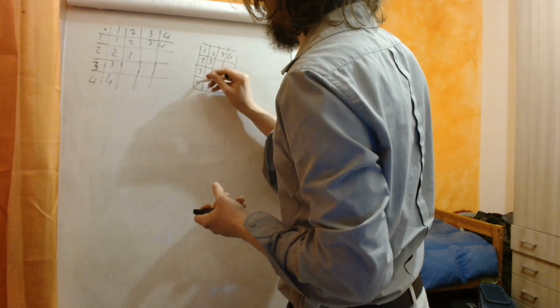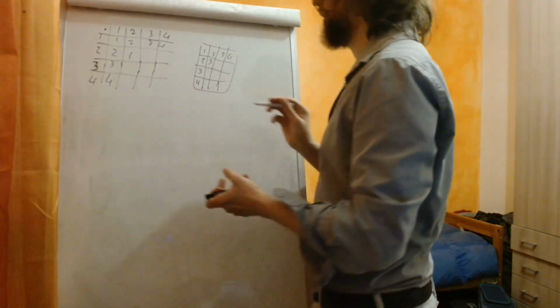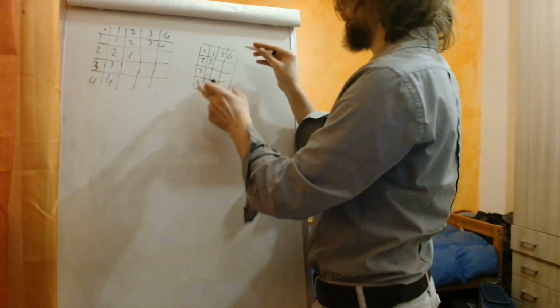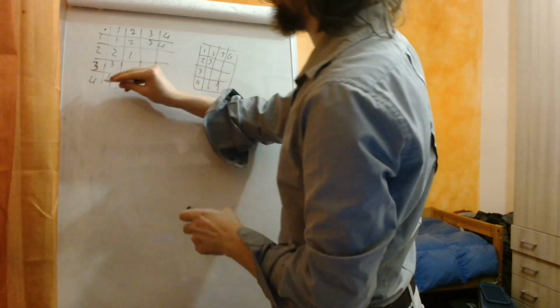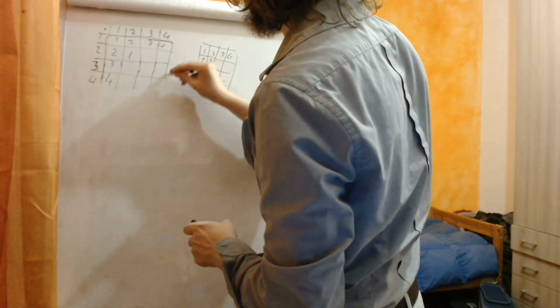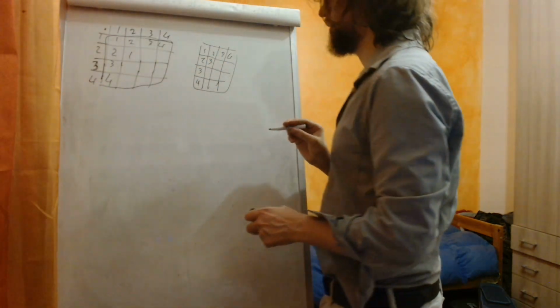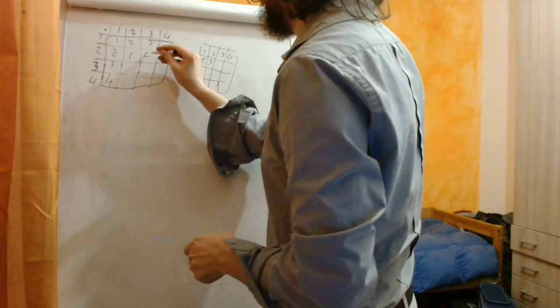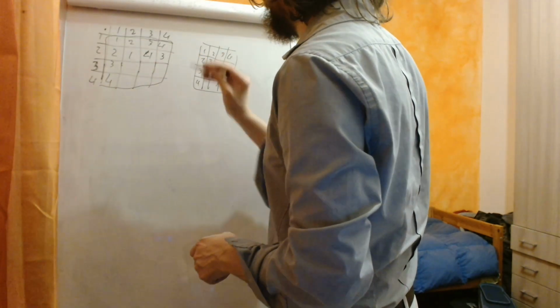Now I'm not drawing this external part because it's always the same for all the tables. So I'm drawing only the internal square. Now here we can't have 3, so we have 4, and here we have 3.